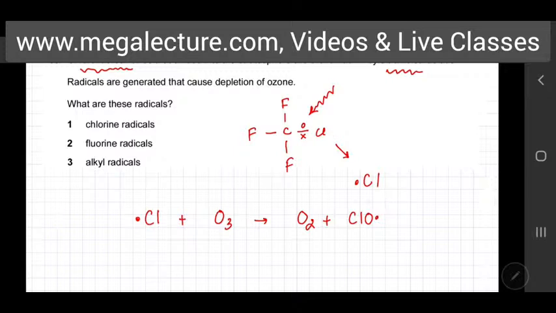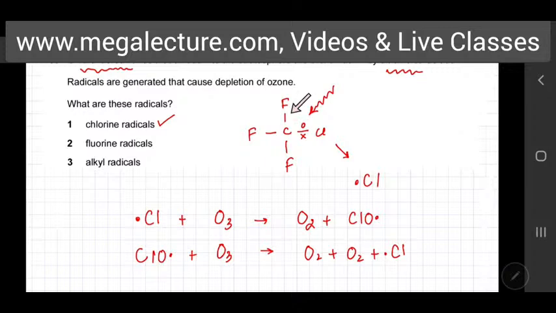The ClO radical then reacts with other ozone molecules, O3, and it breaks down again into O2 molecules, and as a result another Cl radical is produced. So ozone depletion is caused by chlorine radicals.